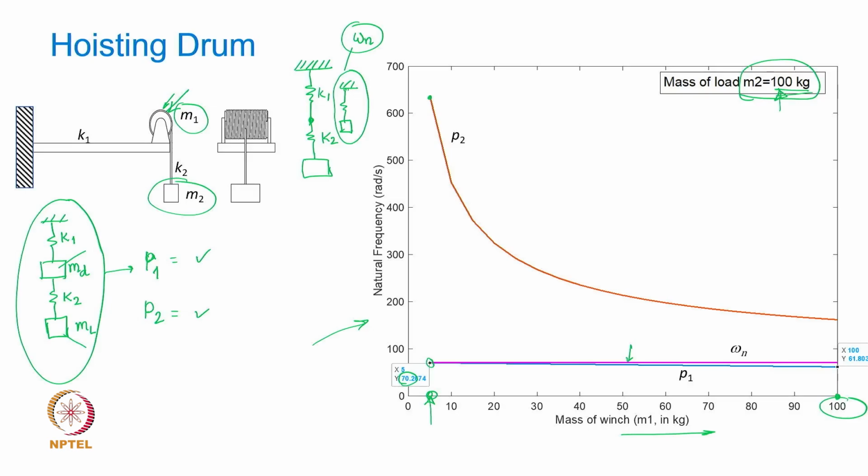Now as we keep on increasing the mass of the drum, the lower of the two natural frequencies slightly drops, so it changes from 70 to 60, 62 or so. So hardly maybe 10% drop in the value of the natural frequency as the mass of the drum keeps on increasing. You bring the mass sizable in its value compared to the mass of the load.